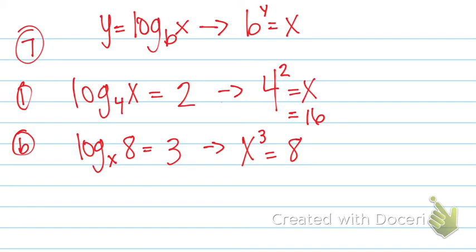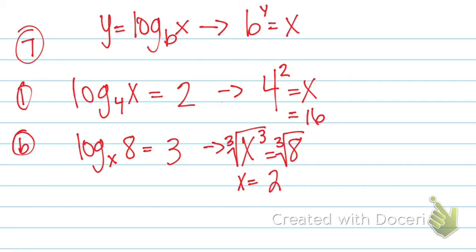But if you don't, how do I get rid of a cube? I cube root it. It's the same thing, basically. So I'm going to cube root both sides. A cube and a cube root cancel. So I'm just left with x equals, what's the cube root of 8? Not 4. 2. So 2 times 2 times 2 would be 8. Okay, so x would be 2.